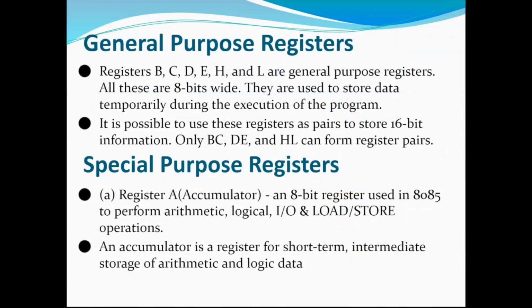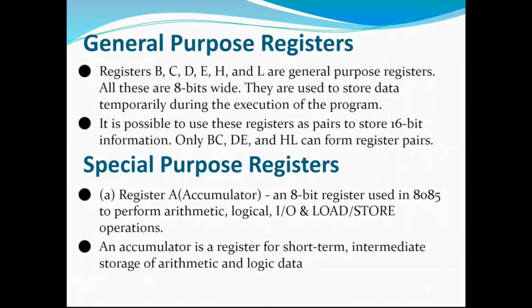Registers B, C, D, E, H, and L are general purpose 8-bit registers used to store data temporarily during the execution of the program. It is possible to use these registers as register pairs like BC, DE, and HL. The accumulator is a special purpose register used to perform all the arithmetic and logic operations.